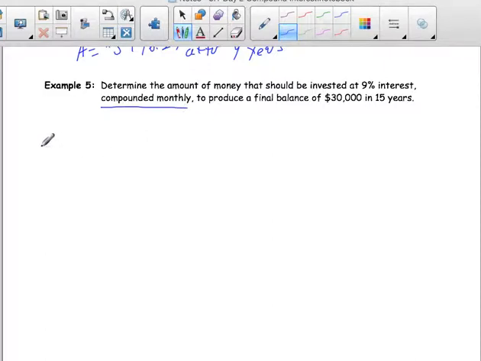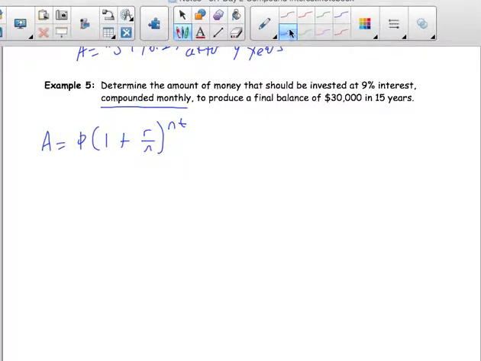We have to go back to our previous formula, which was the amount of money that you have is going to be equal to the principal, the amount you initially invest, times 1 plus R over N, where R is the interest rate on an annual basis expressed as a decimal, divided by N, the number of times the interest is compounded per period, raised to the n times t, where t is the time in years.